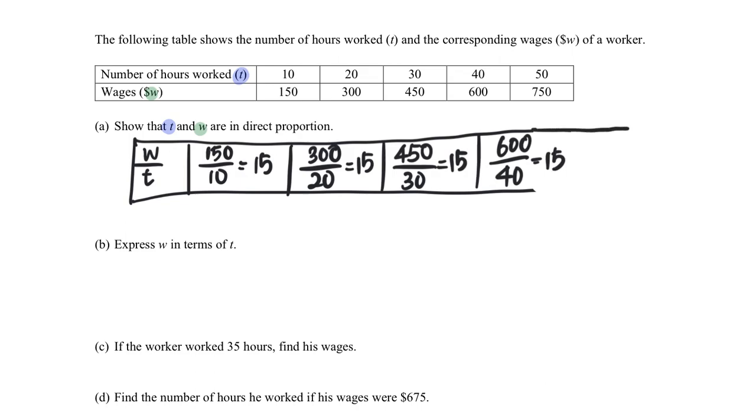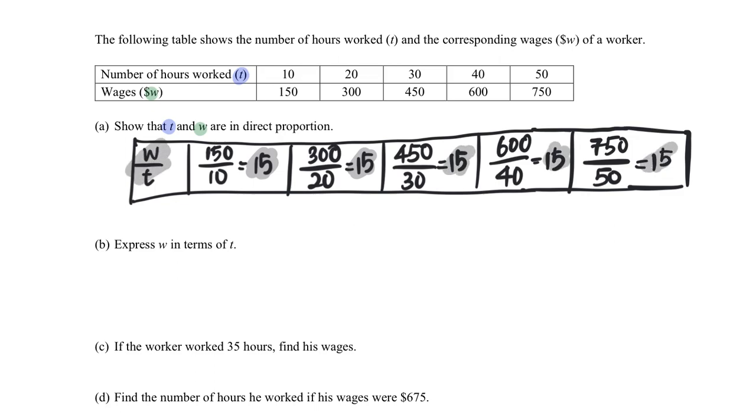And the last one, 750 over 50, is also equal to 15. The moment you show that W over T is a fixed number, they are in direct proportion. So we have successfully shown that T and W are in direct proportion.